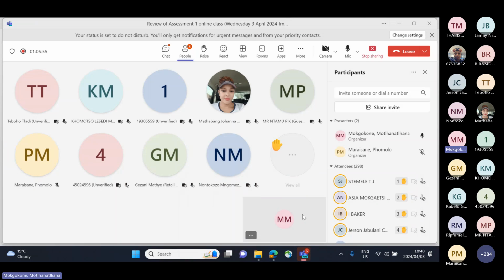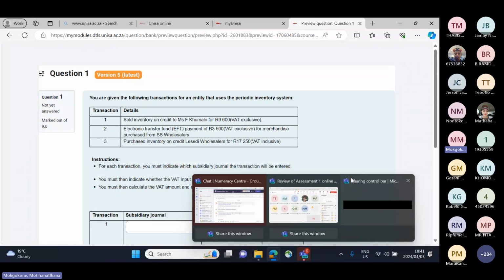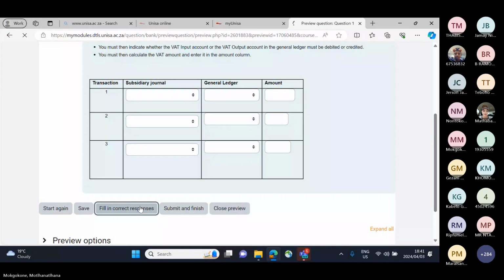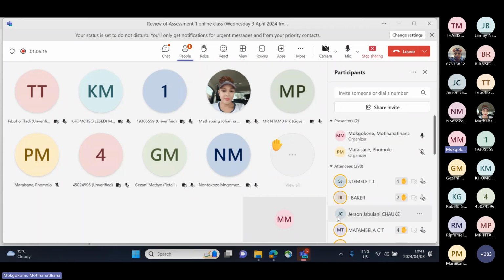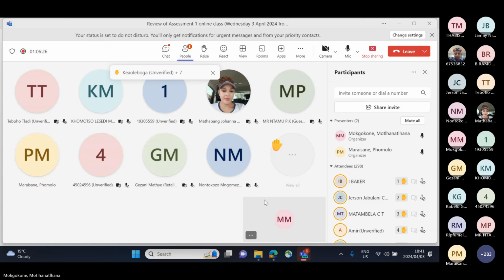Is there any questions on the VAT input and VAT output? Is there any questions? No questions. Ian Barker. There is Ian Barker. Morrison, can you unmute them? Because there are a few questions.